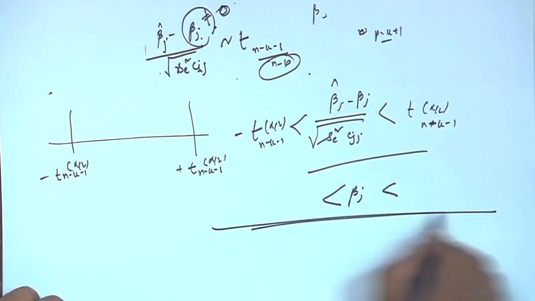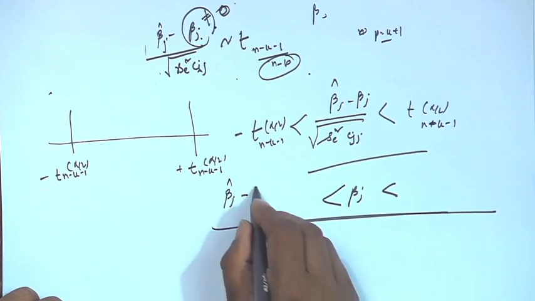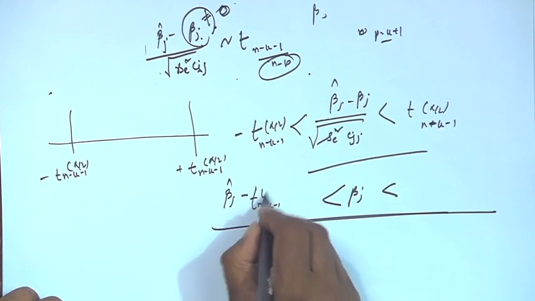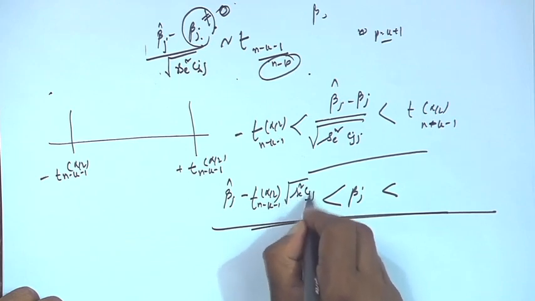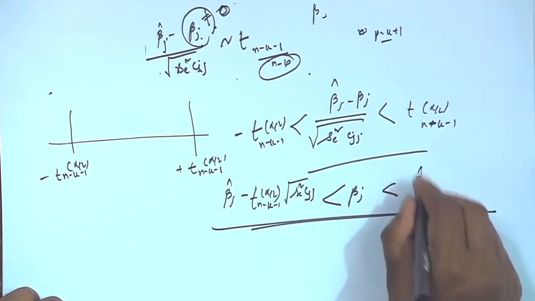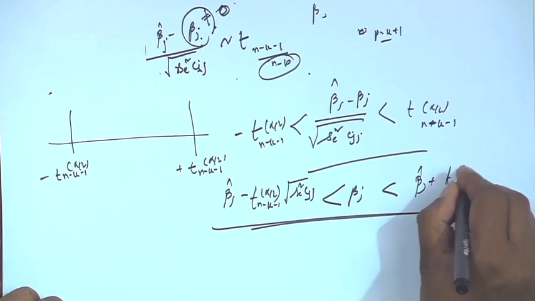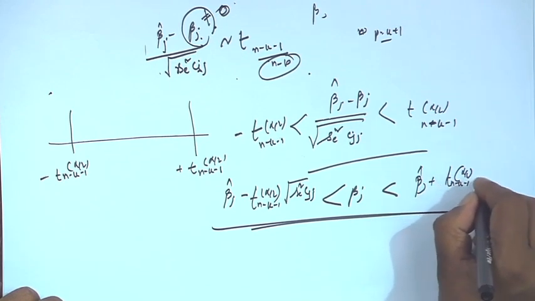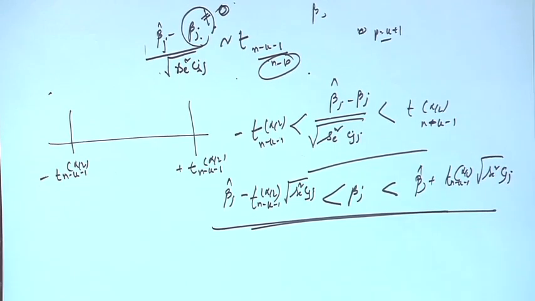Then this quantity will become beta j cap minus t n minus k minus 1, alpha by 2, root over sigma cap square C jj, and this will be beta j cap plus t n minus k minus 1, alpha by 2, root over sigma cap square C jj, where C jj is the jth diagonal element of the matrix X transpose X inverse.